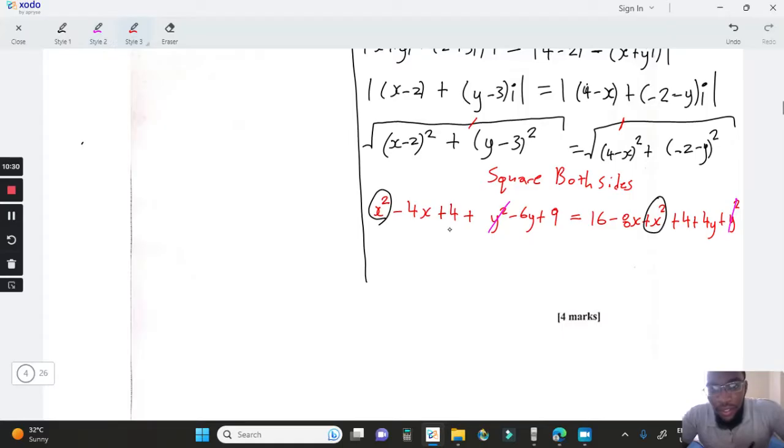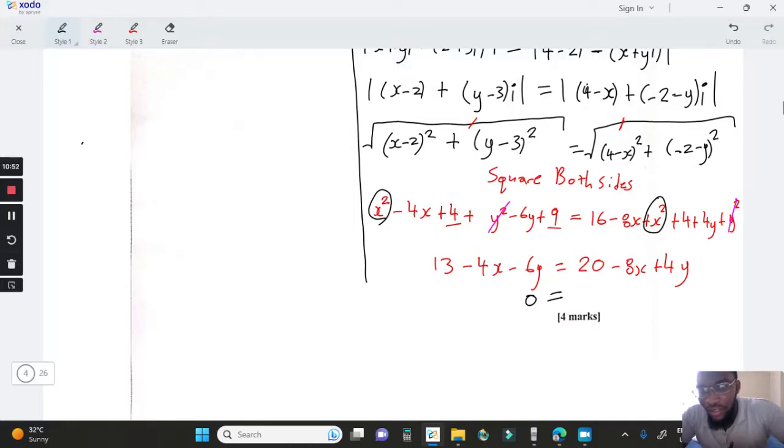Now we need to group up. 4 and 9 is 13, and we have minus 4x minus 6y equal to 16 and 4, which is 20, and we have minus 8x plus 4y. Now I'm just going to bring everything to one side to make it easier, let's bring everything to the right. Bring over 13, that's 7. If I add 4x to both sides, I have minus 4x here.